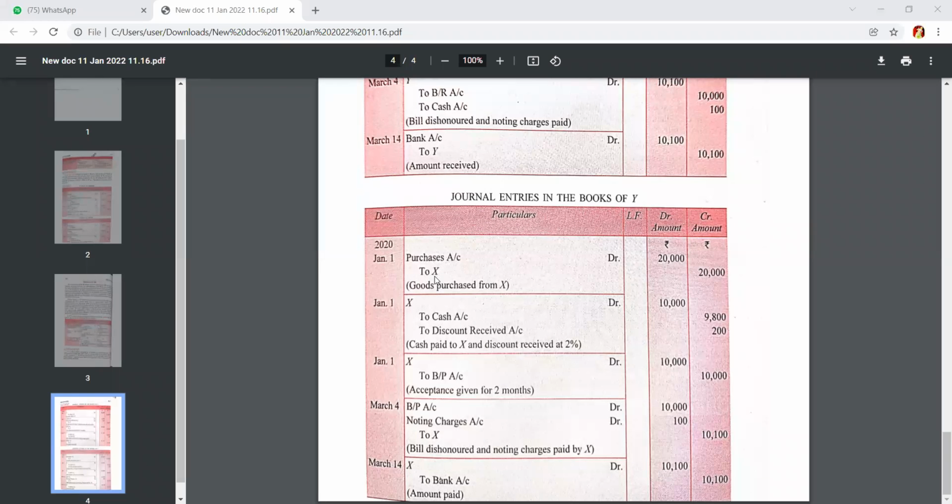X will receive the money that is paid by the drawee, and the drawee is Y. X is receiving the money, so the entry will become X debit to bank account, and it will be 10,100. It is all about for the day. If anybody has any doubt, please ask.